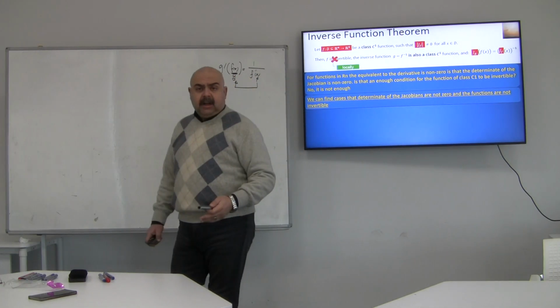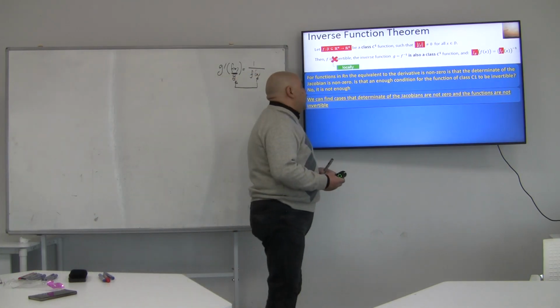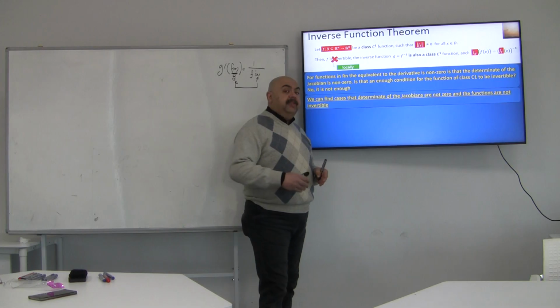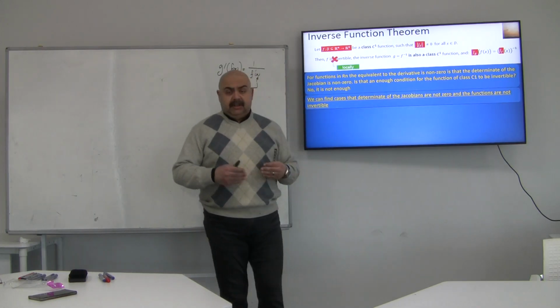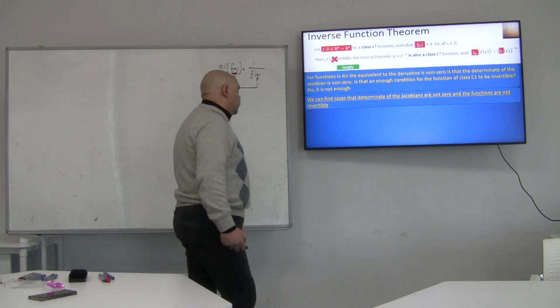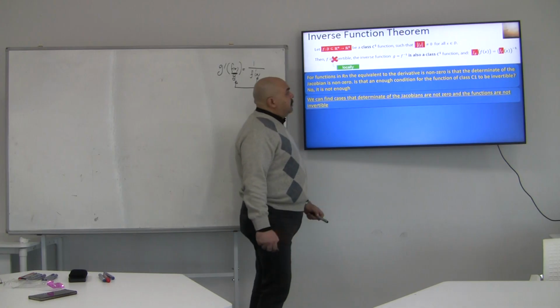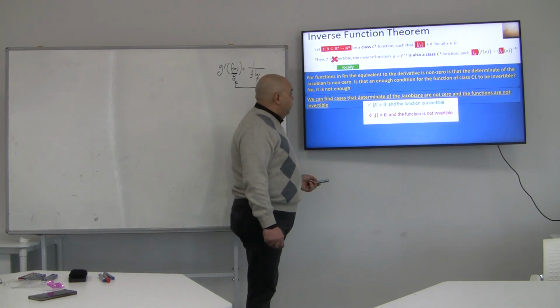We had a couple of cases where, although the determinant of the Jacobian of the function doesn't equal 0, we still can't get the inverse of this function, or it's not invertible. Sometimes it's locally or globally invertible.